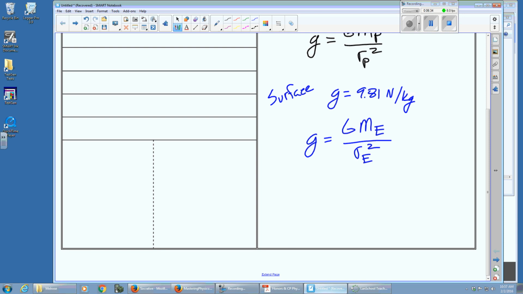If we did a diagram, here's the center, this is the radius of the Earth, we're somewhere up here, and they want to know this height, h.